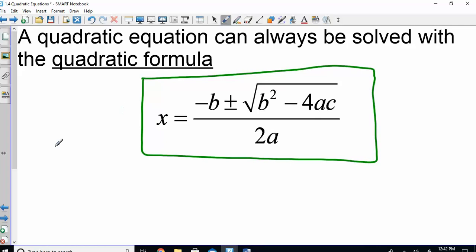So you want to jot this quadratic formula down. x equals the opposite of b plus and minus the square root of b squared minus 4ac all over 2a. I think Miss Keller had it painted on her wall right above the board.